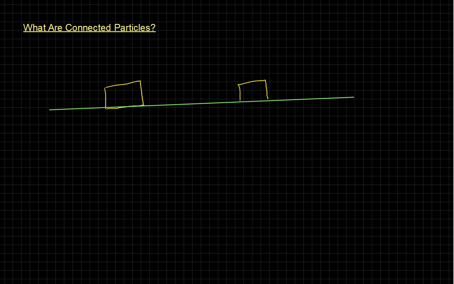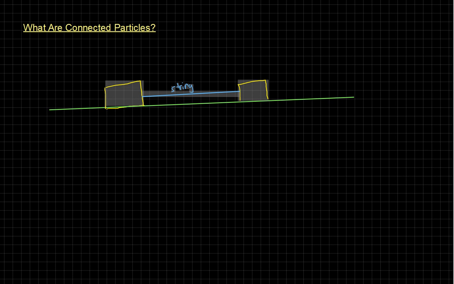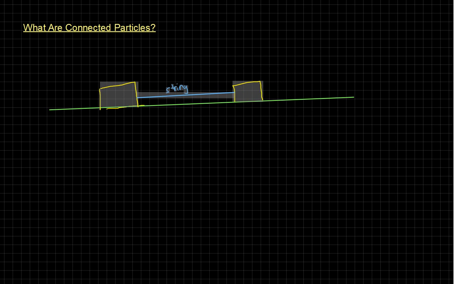So they're connected in this case, for example, with a string. Okay, so that's one particular example of connected particles, and you could imagine that these will move as one system. So if I move the box on the right to the right, then it's going to pull the box on the left along, and likewise if I move the box on the left to the left, then it's going to pull the other box.